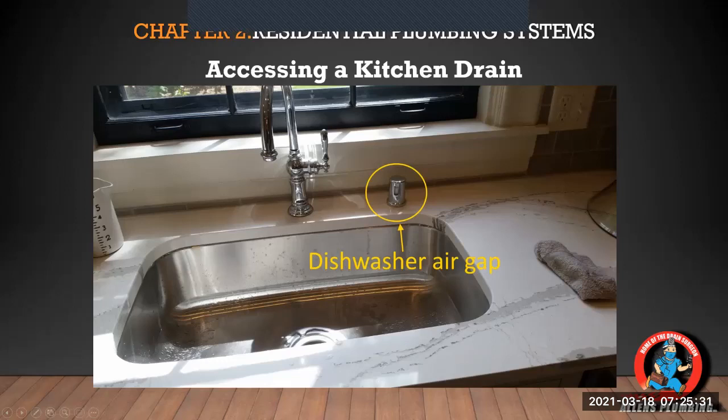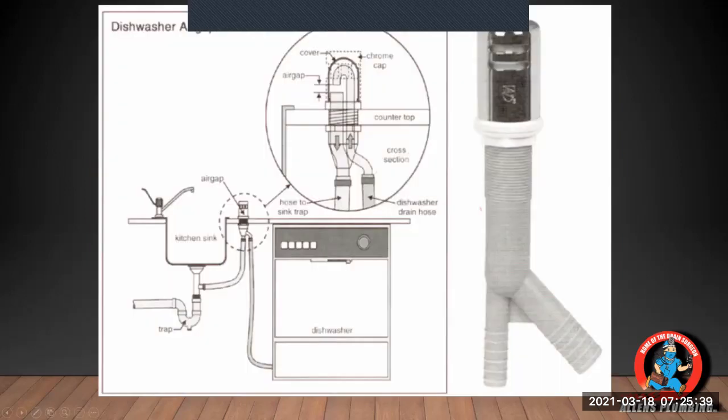And the dishwasher drain, if nobody knows, is also connected to a dishwasher air gap. This separates the water from being in direct contact with the raw sewage, meaning the dishwasher water getting in contact with the raw sewage. If there's ever a backup, you have this air gap.